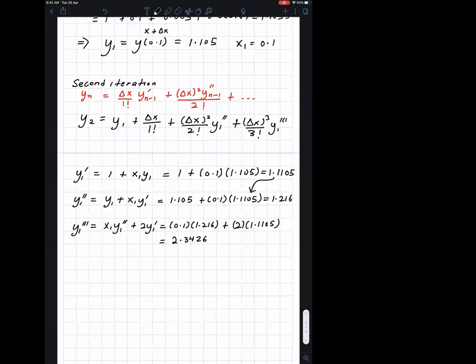Okay, now you have all the values you need to find Y2.